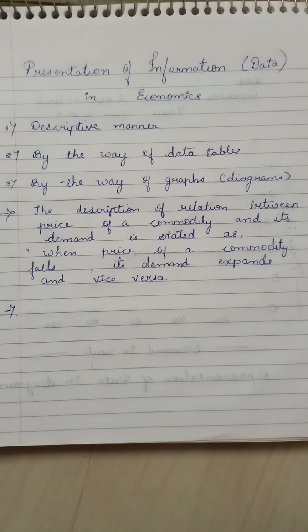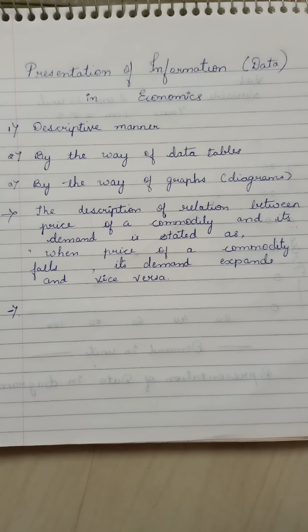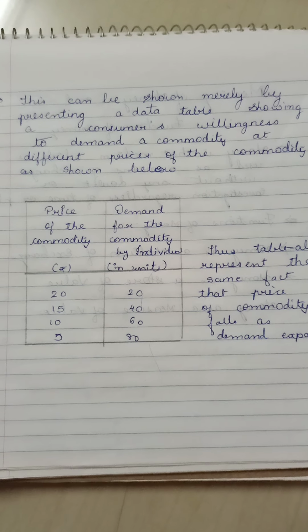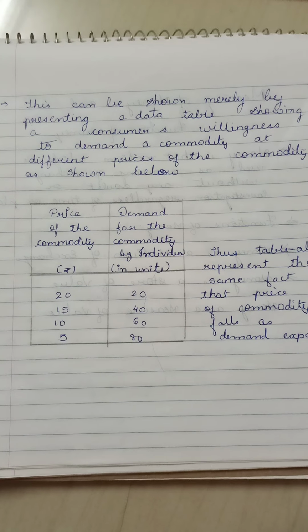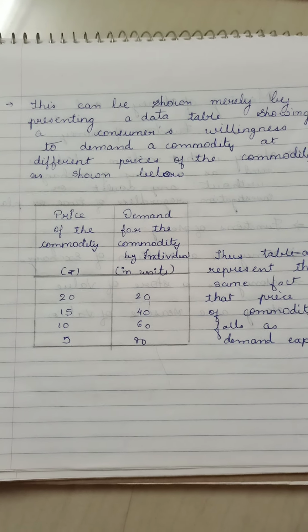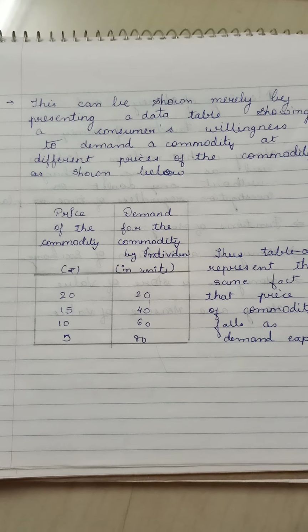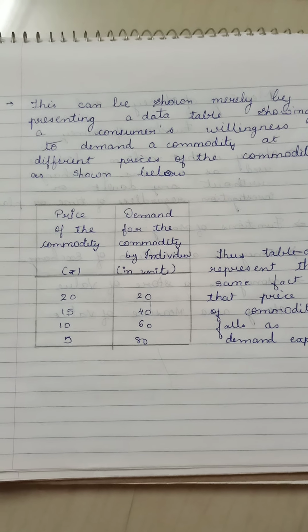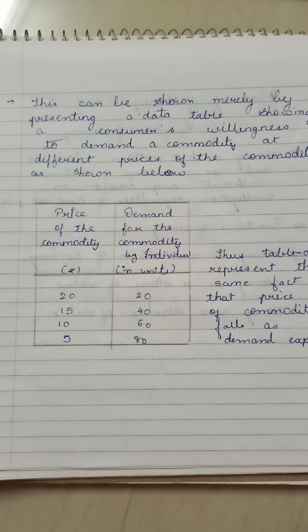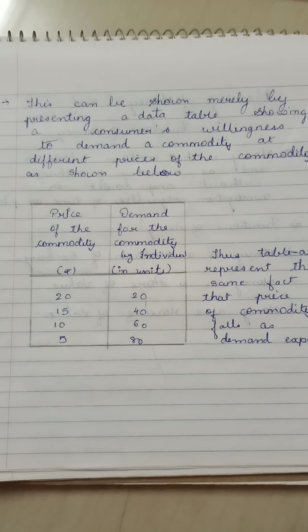Now we come to the second point, by way of the data table. Now students, this is a particular data table. We can prepare it accordingly, and the presentation of the information can be represented by way of a data table.